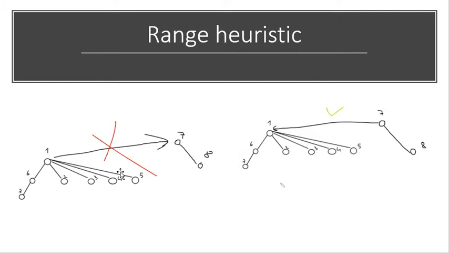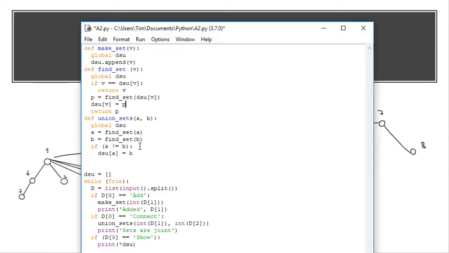Of course, it is not a good idea, because after that we must go through more vertices to reach the last destination. The best idea is to connect the tree with fewer vertices to the tree with more vertices. Okay, let me implement it.